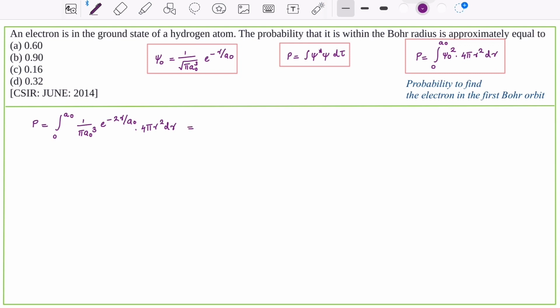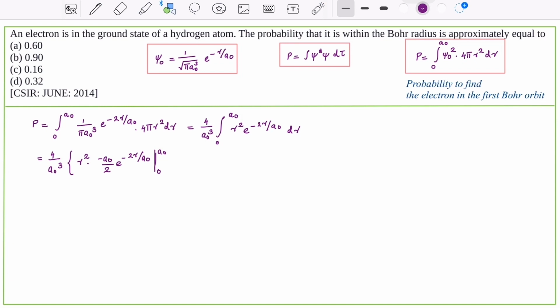This is equal to 4 by a0 cube into integral 0 to a0 r square e raised to minus 2r by a0 dr. This is equal to 4 by a0 cube into r square times minus a0 by 2 e raised to minus 2r by a0 within the limit from 0 to a0.